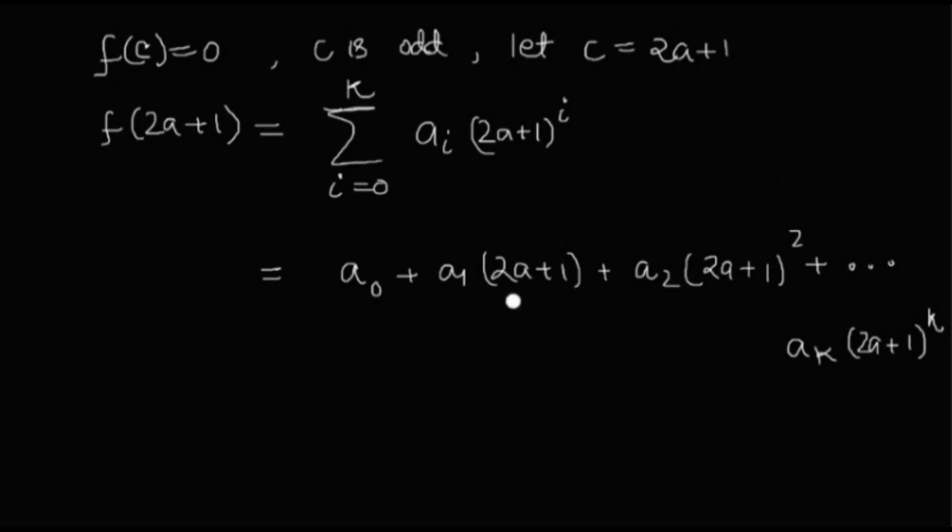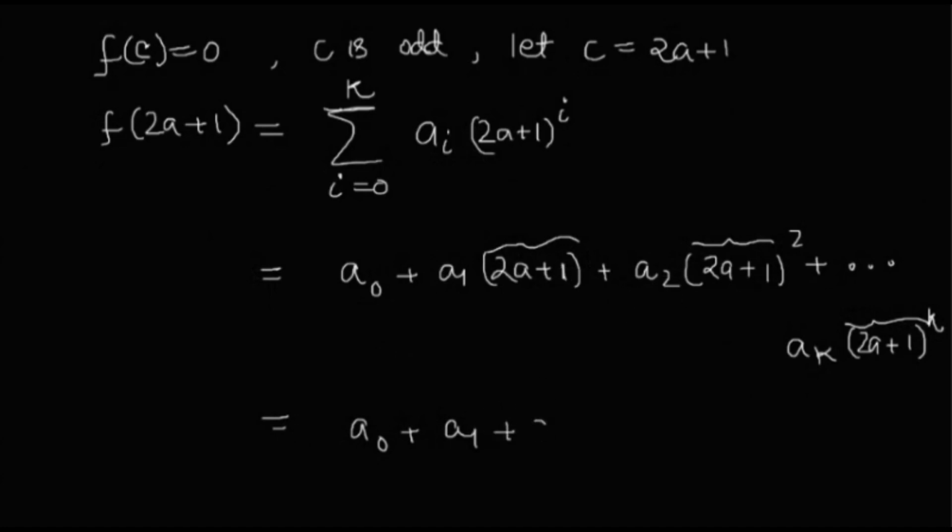So a general term looks something like this. Now, you don't have to actually expand it, but if you think in terms of binomial expansion, you'll find that the last term is always one in each of them. In each of them, the last term is always one, right? So you can extract a naught plus a1 from this 1 times a1.